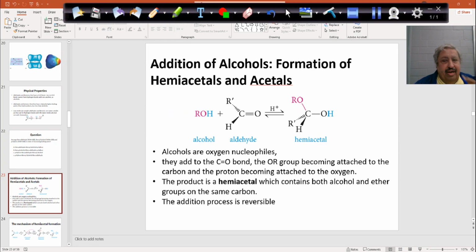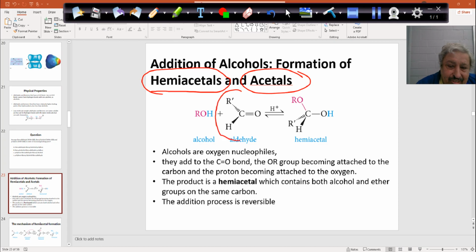So now, we have something called hemiacetals or acetals. They come from the fact that if you add an aldehyde or ketone to an alcohol, you produce them. No mechanism, I'm not going through this mechanism. So here it is.